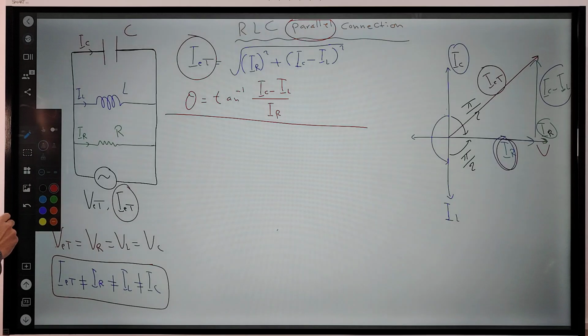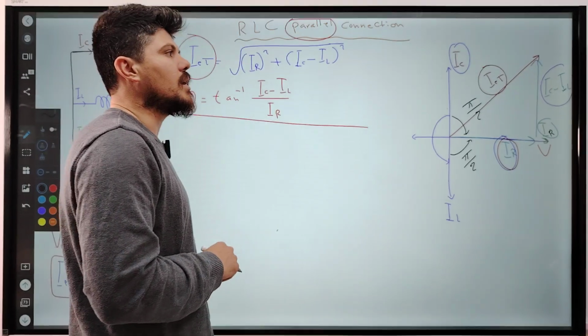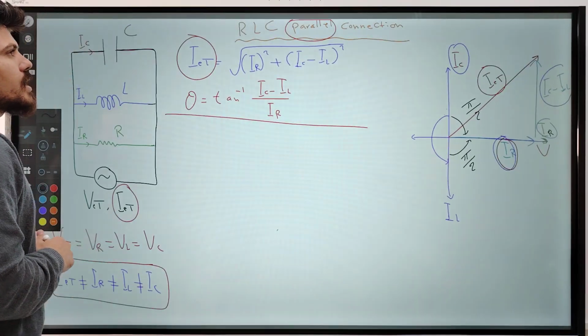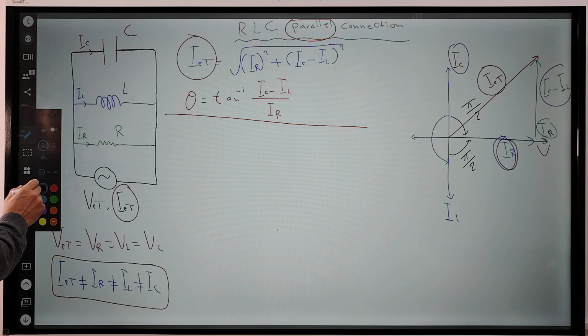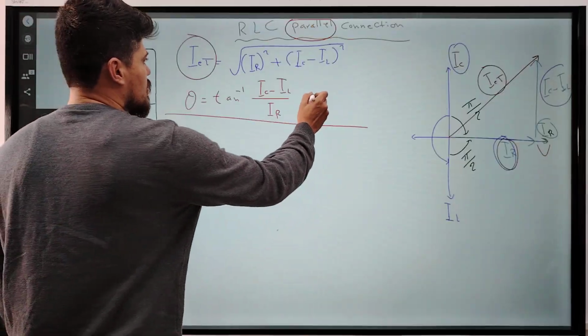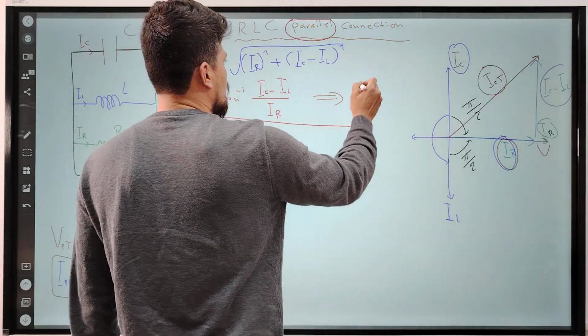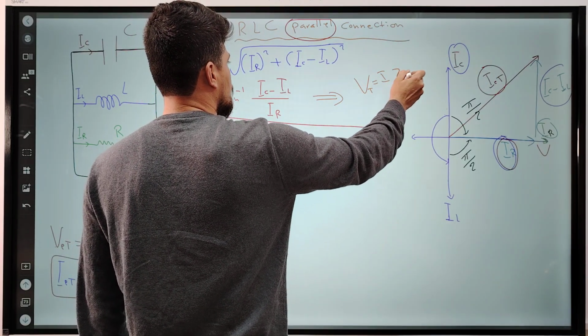Okay, now I'm going to prove the total impedance in the parallel connection of RLC with AC source. How can you prove the equation of Z? As you know, according to Ohm's law, V total is equal to IZ.